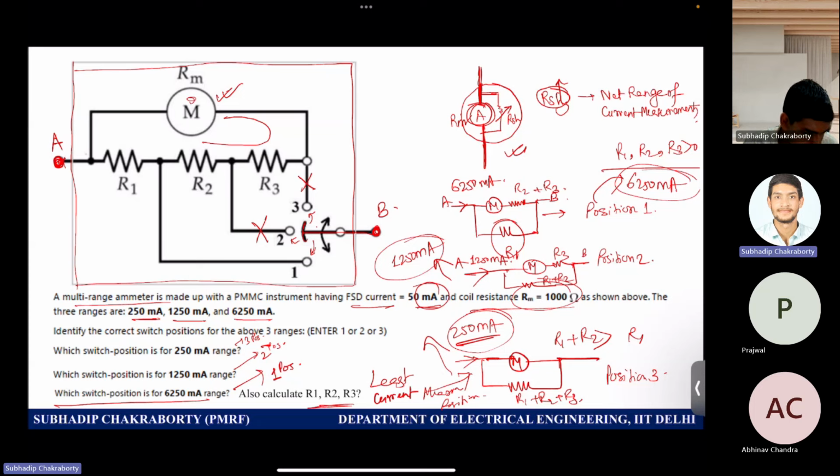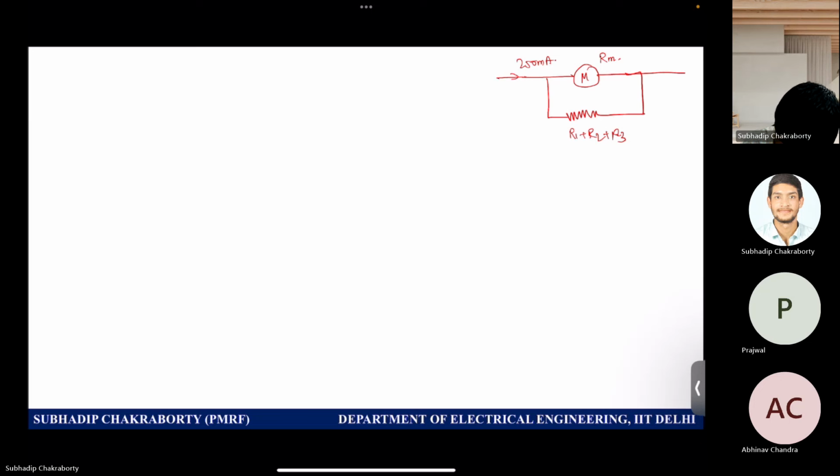This is one line, right? Not much difficult problem. So how can you write 3 equations of the current division rule? For position 3, which is of the 250 milliampere, for example, what can you write? This is the meter, let's say Rm, and then you have R1 plus R2 plus R3. And what is the full scale deflection current, you know? 50, right?